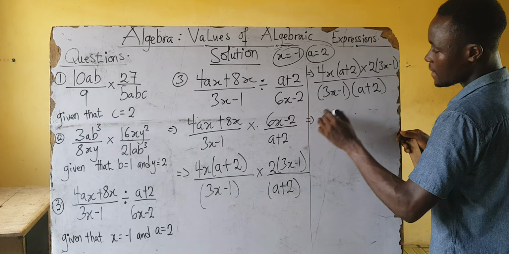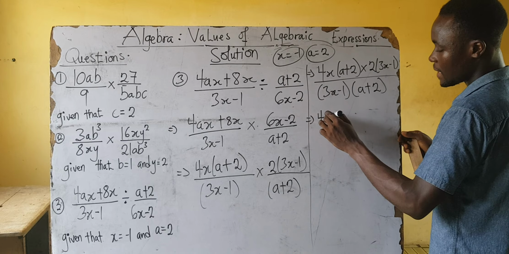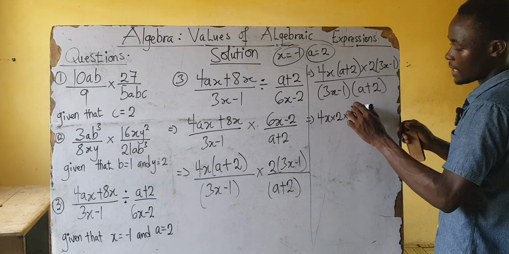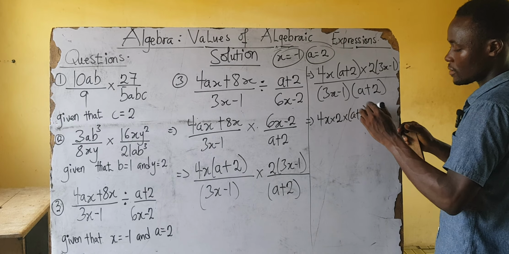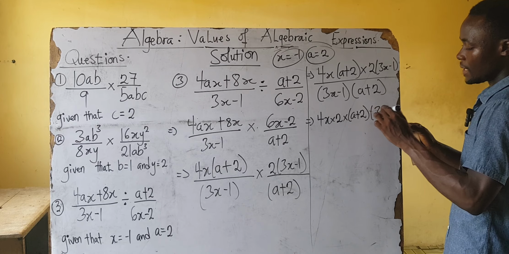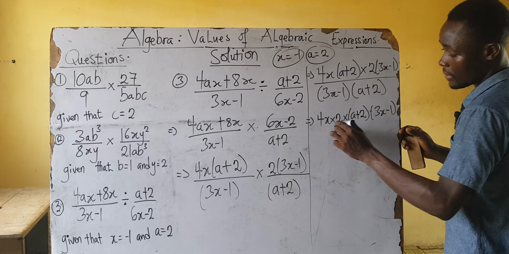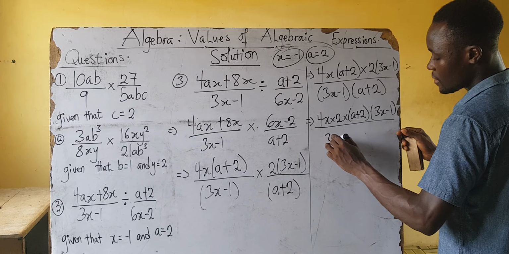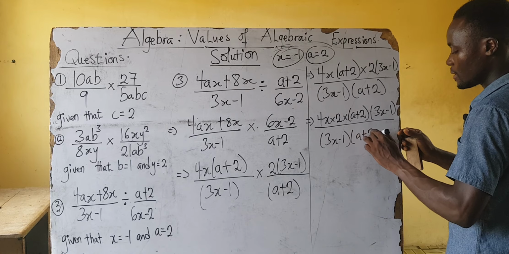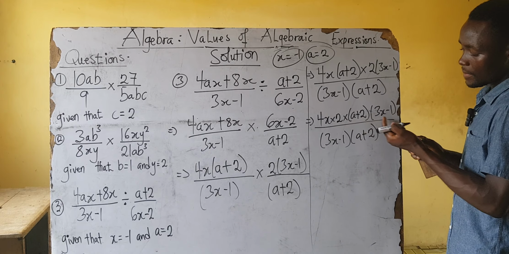So rewriting this thing, well, I can express this as 4x multiplying 2, multiplying a plus 2 in a bracket multiplying 3x minus 1 in a bracket all over 3x minus 1. Then I have a plus 2. So this is one term, this is also one term.